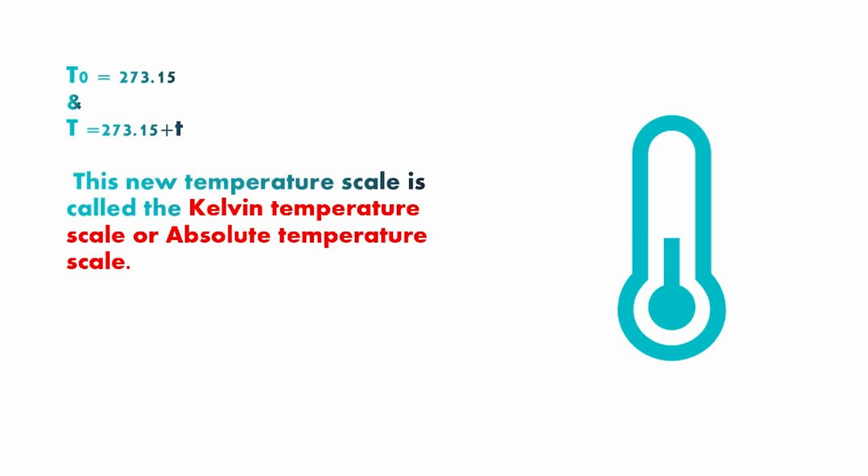We can now define a new scale of temperature such that t degrees Celsius on the new scale is given by T is equal to 273.15 plus t, and 0 degrees Celsius will be given by T0 equal to 273.15. This new temperature scale is called the Kelvin temperature scale or absolute temperature scale.